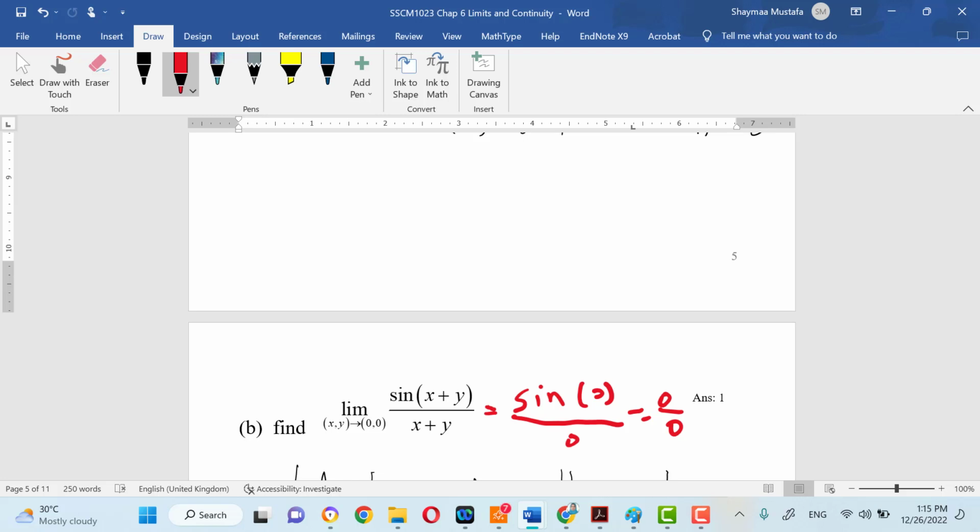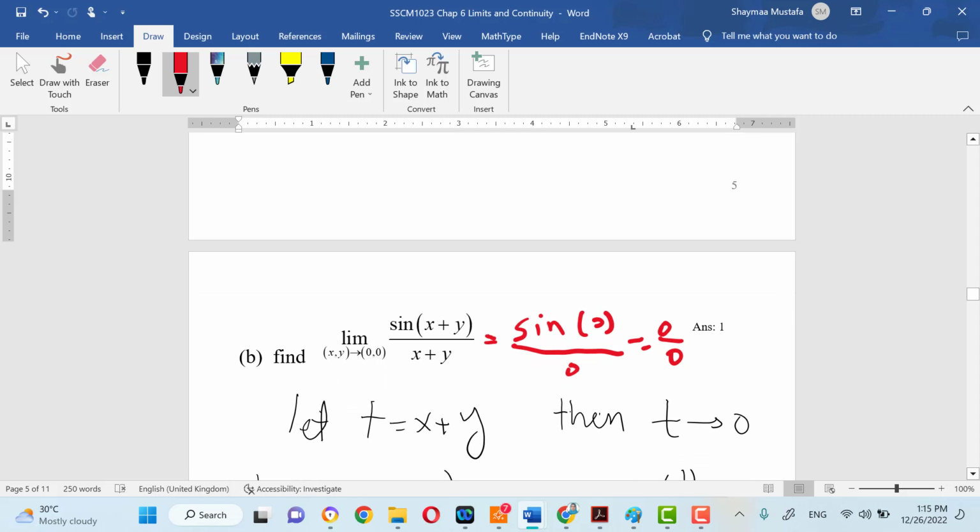So for the limit here, I will make a new variable. Here I cannot analyze anything, so I will go for another trick. I will assume that x plus y is equal to any variable t.